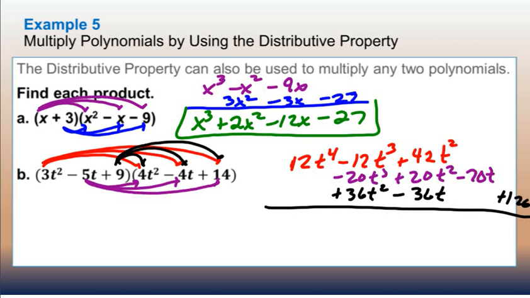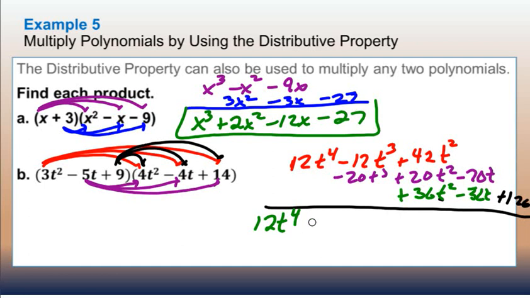Now if I add straight down, I have 12t to the 4th. Negative 12 minus 20 plus 36 gives us a positive 4t squared... I'm going to need to move everything down here. So this would be a positive 36t squared, and this is a negative 36t.